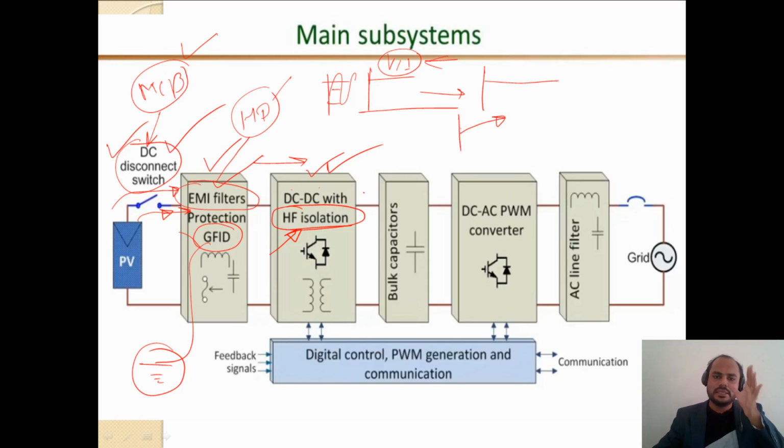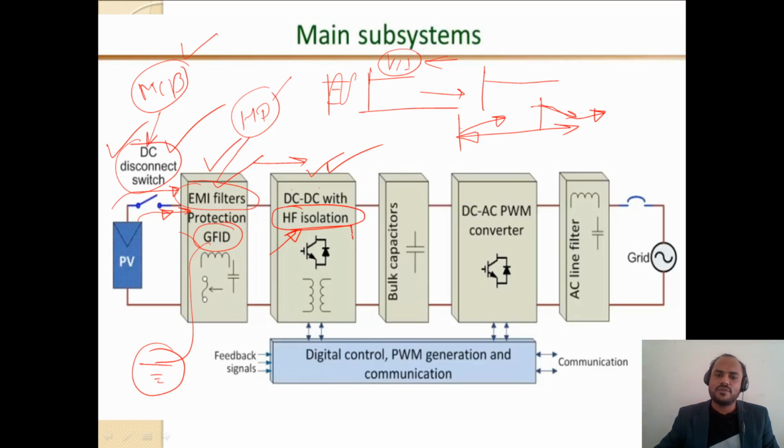Whenever there is a higher voltage in the afternoon, again with the help of step down we convert this voltage to the required voltage that we want to give to the DC to AC PWM converter. So basically the HF transformer is used for step up or step down as per the voltage required for subsequent functionalities.